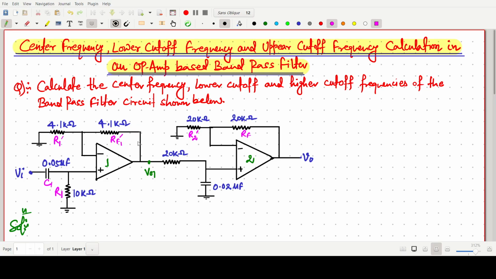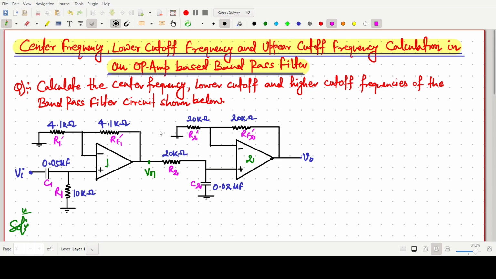Better to write RF1 and RF2, no need to write dash. And this one we can write as the C2 capacitor and R2 resistance.